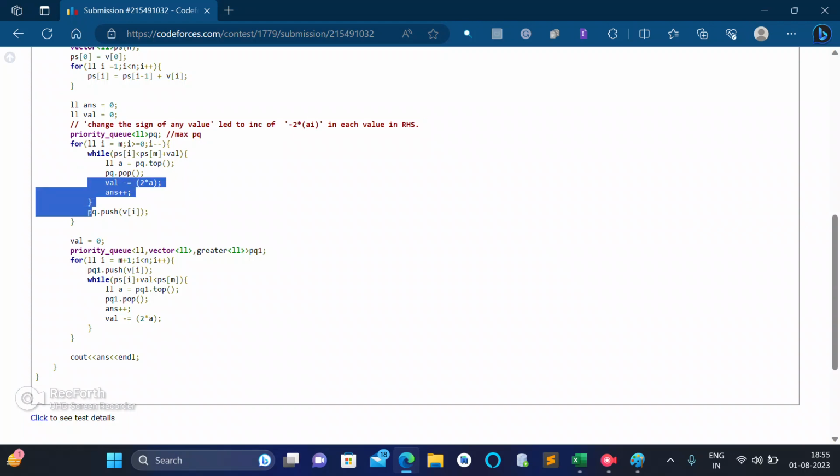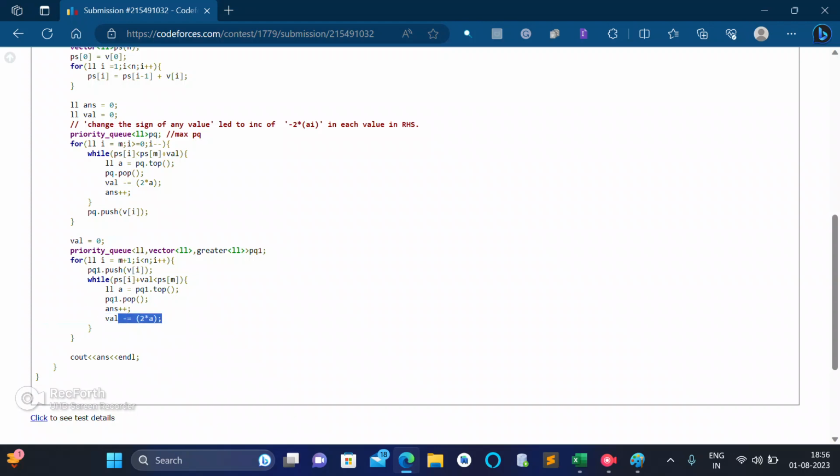In the second section, here you can see that first i is m, so we will first check whether prefix sum of m is less than prefix sum of m plus val, and initially val is 0, so it says no. So initially what I have done is we had pushed back v of m, and first we had pushed back.